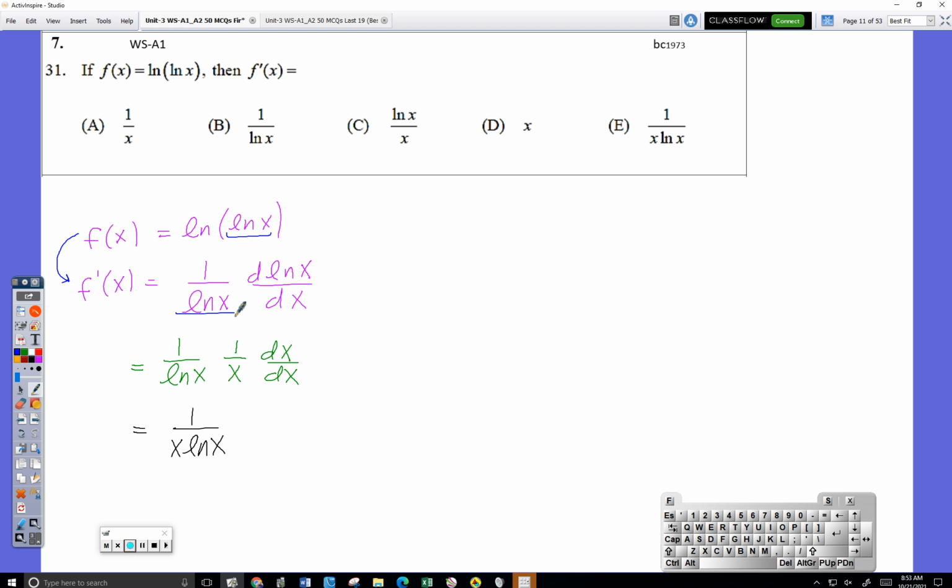And then when I go from purple to green, I'm using the ln rule again, but now the g of x in the ln rule is just the x. Cool, let's keep going.